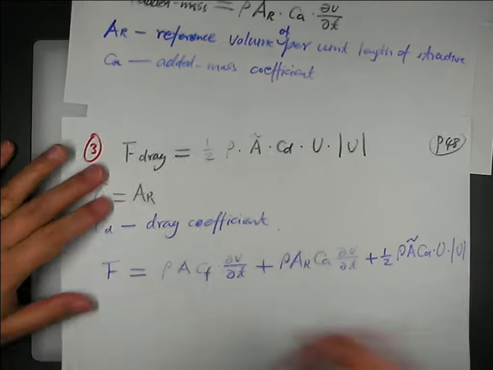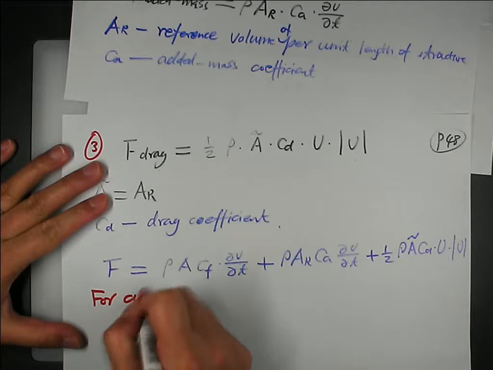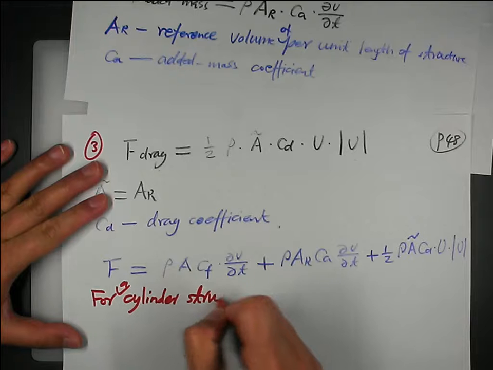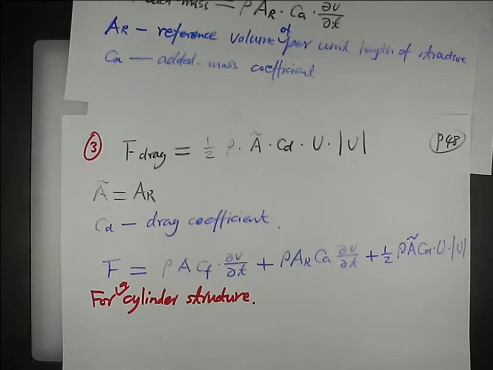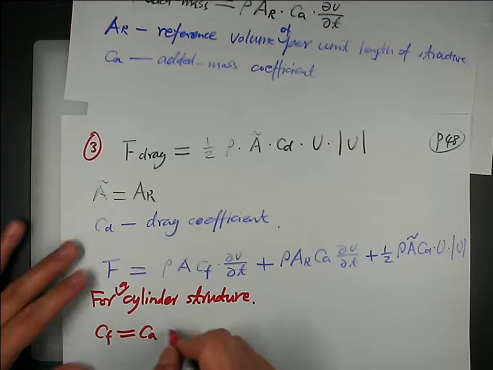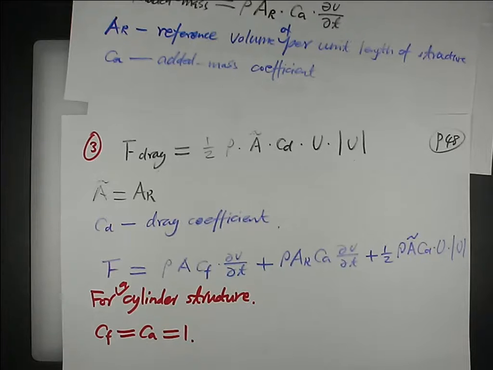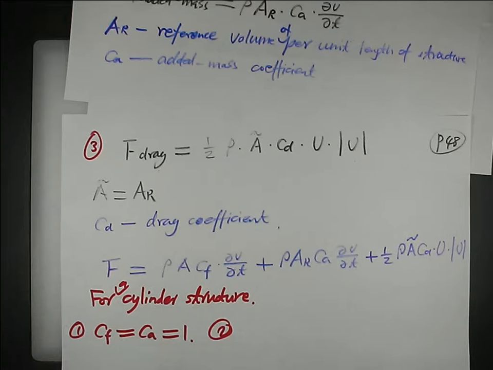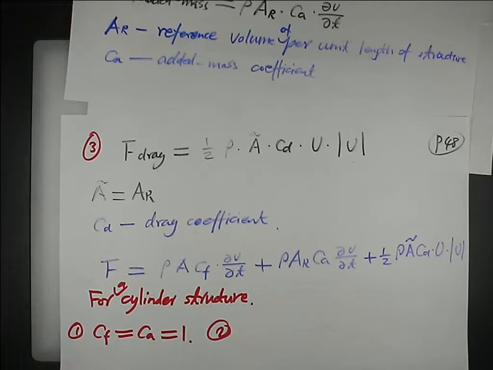For a cylinder structure, CF equals CA equals 1. This is one thing. The second thing is A is the cross-sectional area, it's pi r squared. And what is AR?